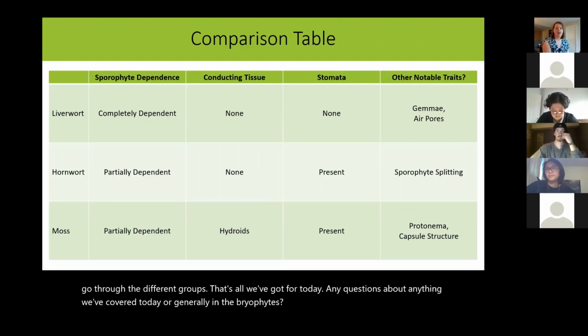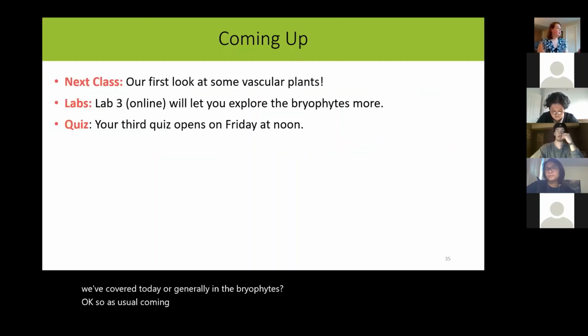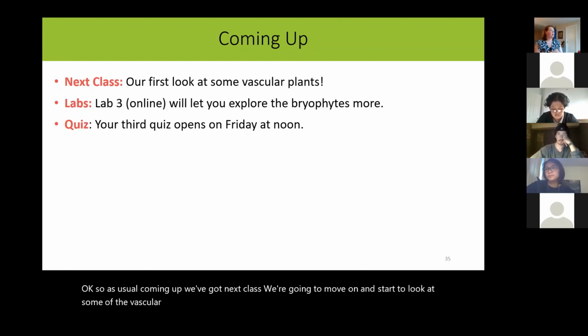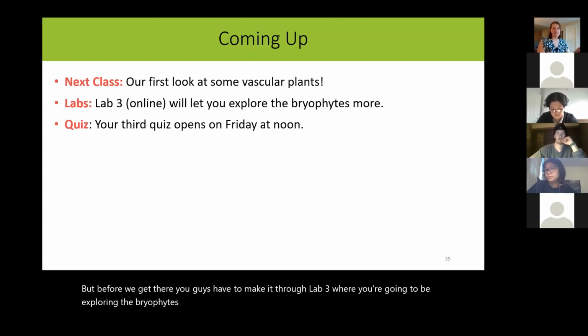Okay, so as usual, coming up, next class we're going to move on and start to look at some of the vascular plants. But before we get there, you have to make it through lab 3, where you're going to be exploring the bryophytes some more in some activities. And then the third quiz will open on Friday at noon.